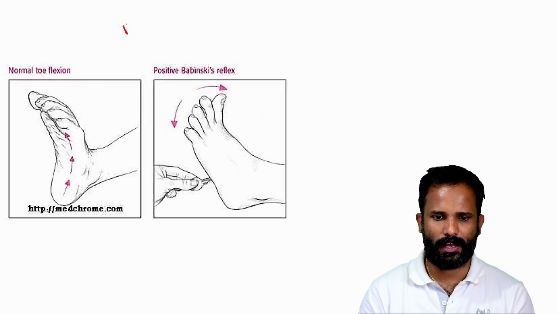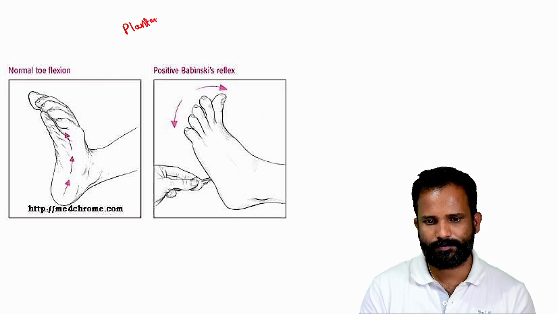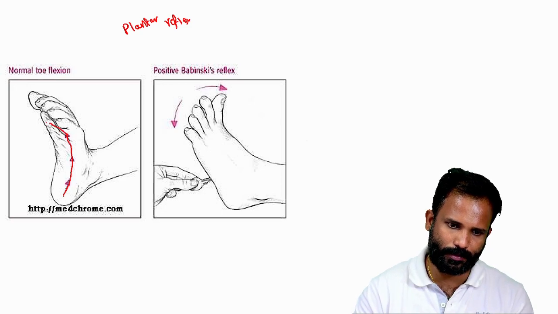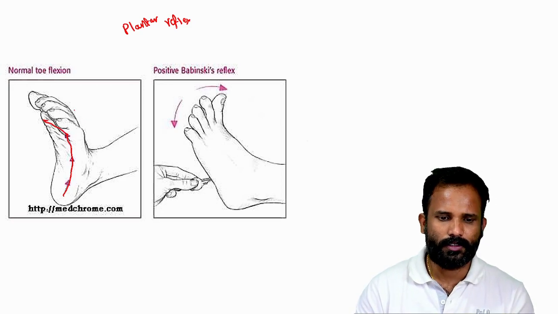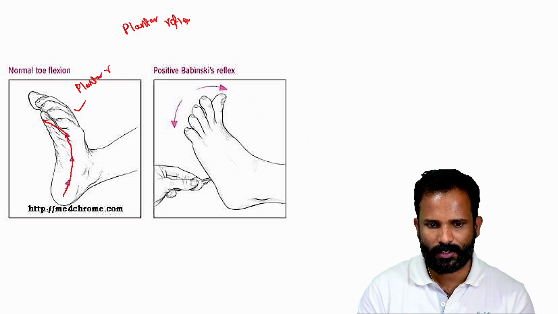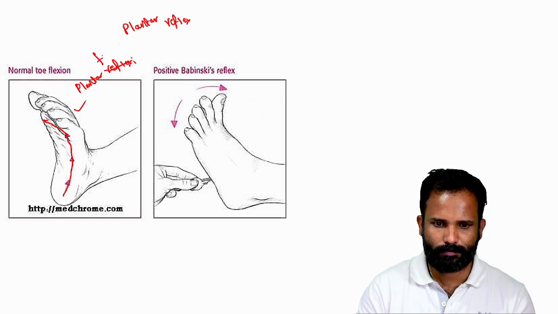Plantar reflex is the one when you stroke the lateral aspect of the heel to the little toe and then to the great toe. In a normal subject, the normal response is plantar flexion.